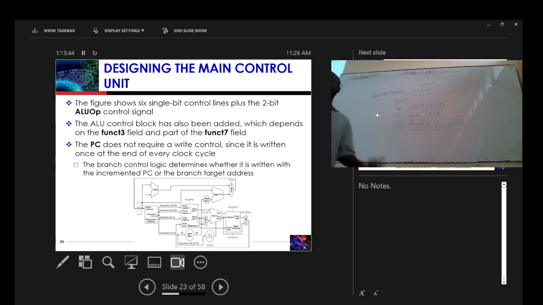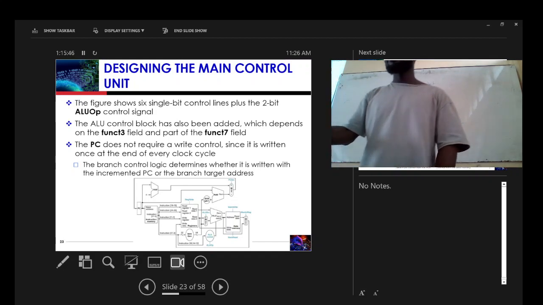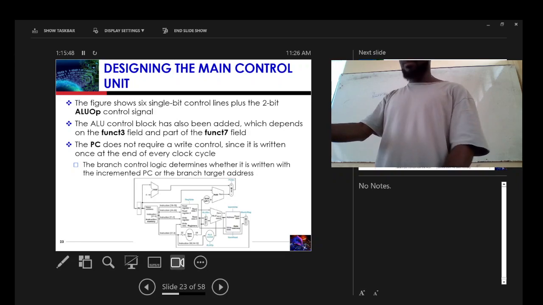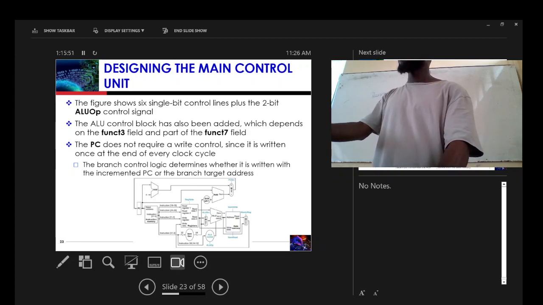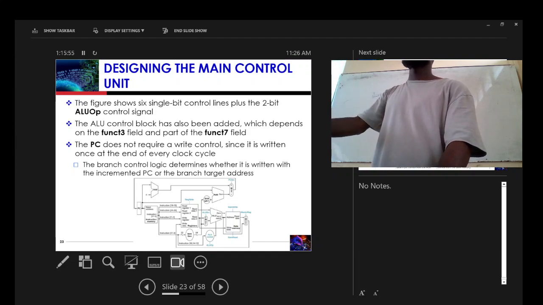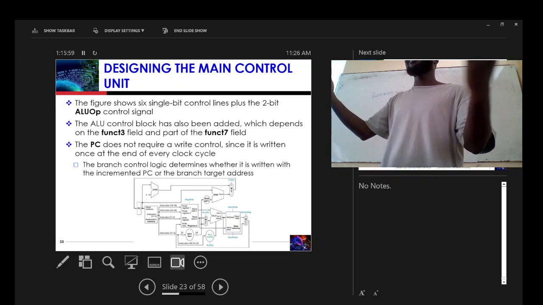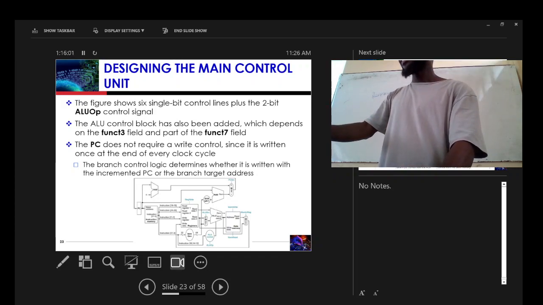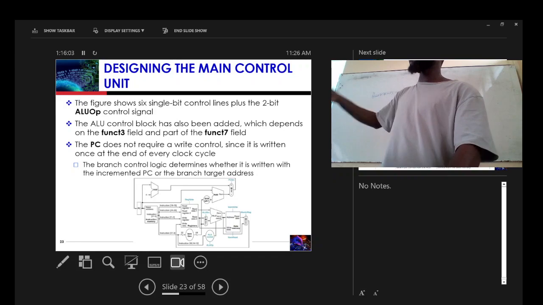So it's all about paying attention to the diagram. Understood? Shall I continue? Do we understand? And so this is coming in the exam.